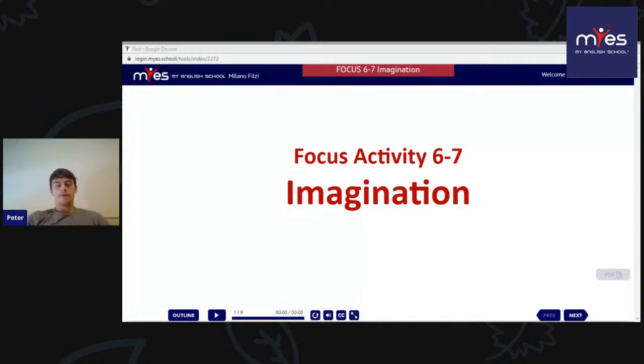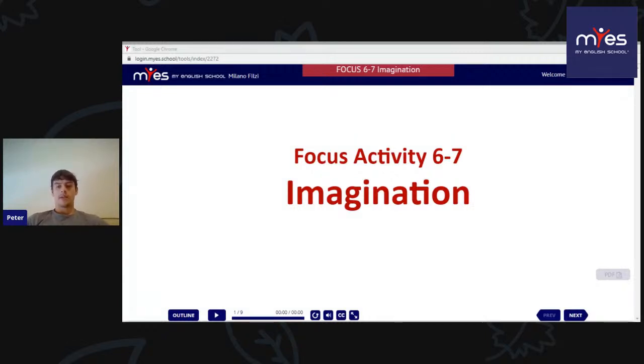Today, our focus activity for 6 to 7 is imagination. You need to be creative in this focus activity, which is difficult for me because I am not very creative. I do not have a very good imagination.